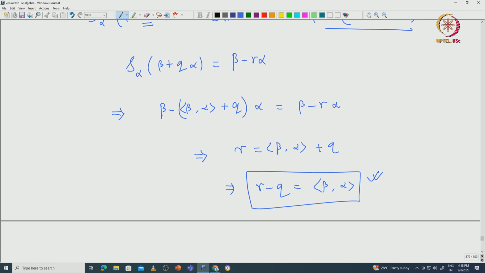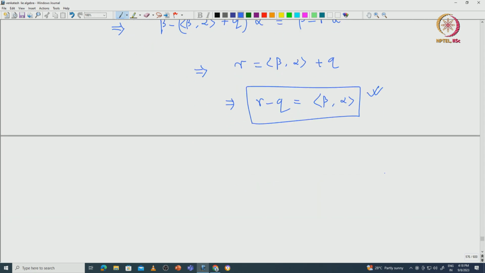So, most of the properties that you see about roots in a finite dimensional semi-simple algebra can be reproved using whatever axioms we have assumed about the set of roots. This is again a very interesting exercise, to reprove something that we already proved using SL2 theory, using some elementary ideas of root systems.